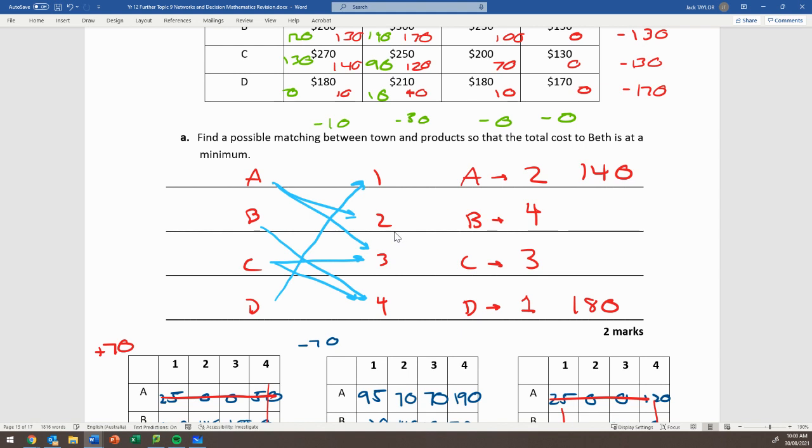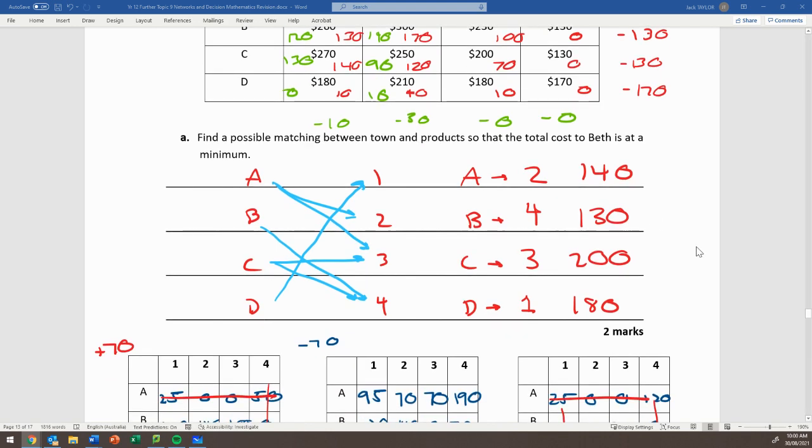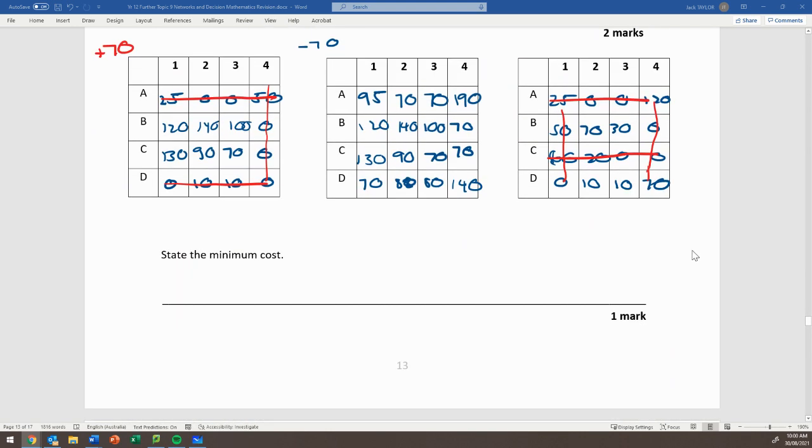So C to do 3 was 200 and B to do 4 was 130. So it's quite a process for those marks. If we do the minimum cost, that's just all of them added up together, which we do that, we get 650.